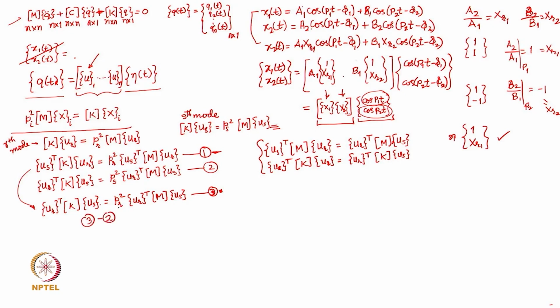If I subtract equation 3 from 1, what do I get? I get 0 on the left hand side. On the right hand side, I get ur transpose M into us in bracket ps square minus pr square.